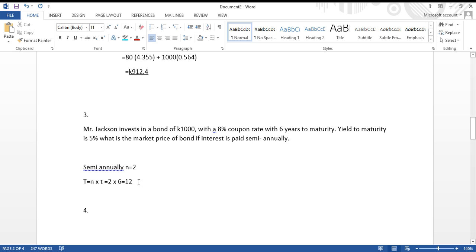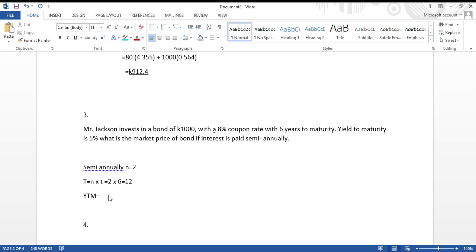Then another adjustment we have to make. Since the interest is paid semi-annually, our yield to maturity, we're going to divide it.